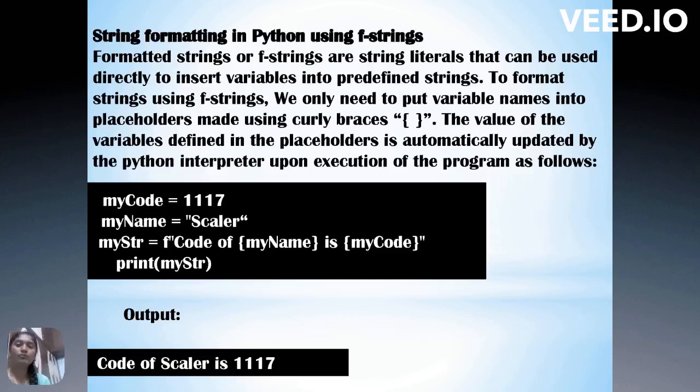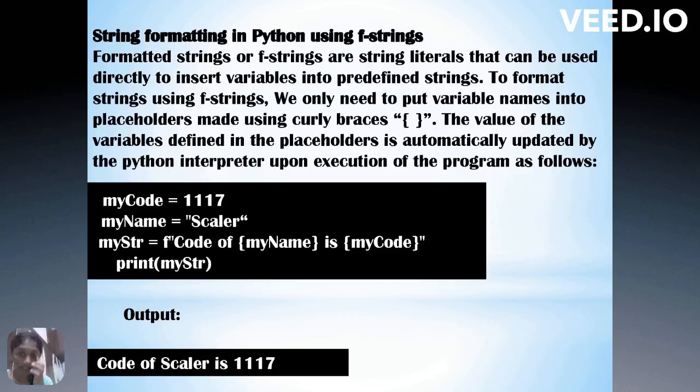String formatting in Python using f-string. Formatted strings or f-strings are string literals that can be used directly to insert variables into predefined strings. Using f-strings, we only need to put variable names into placeholders made using curly braces. The value of the variable defined in the placeholder is automatically updated by the Python interpreter upon execution of the program, as follows.